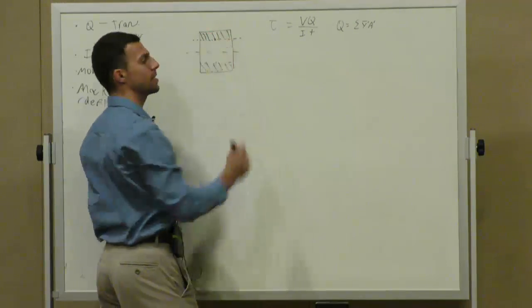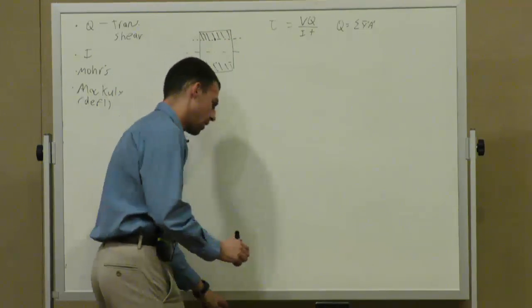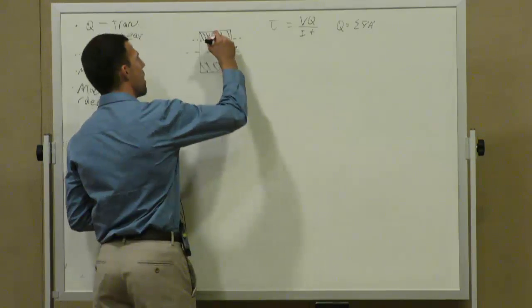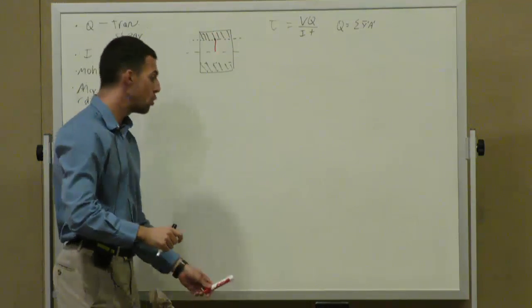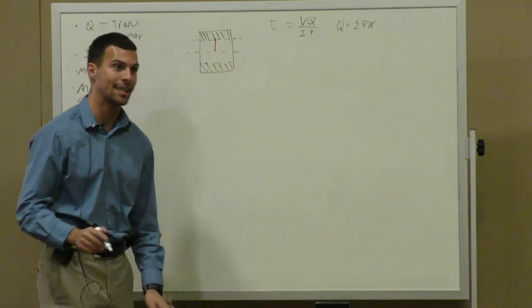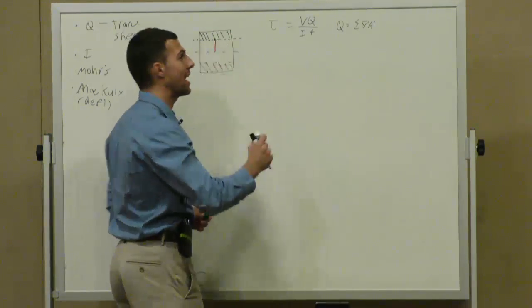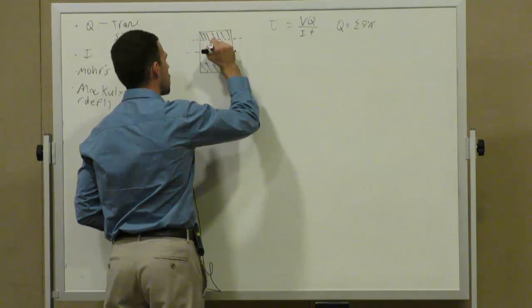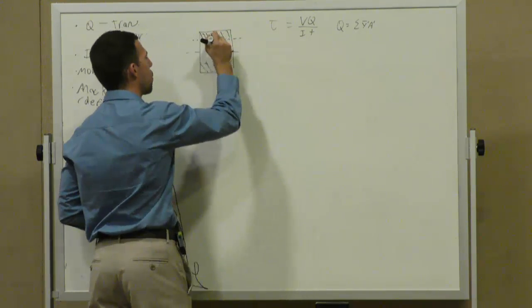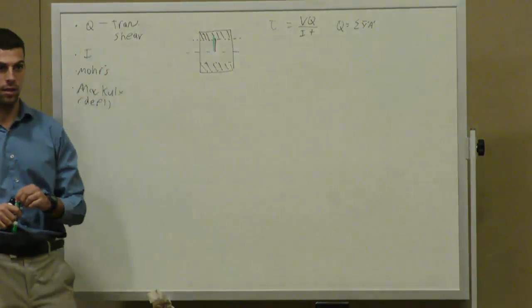So if we're looking at this top one, it is not, I'm going to draw it in red so we know it's not this distance. A lot of students think it is the distance to the point of interest. That is not correct. It is the distance to the centroid, let's do it in green, from your neutral axis to your centroid of your area of interest.